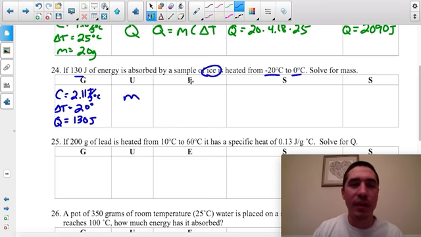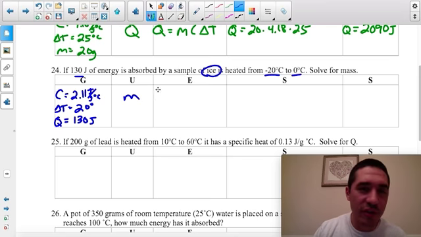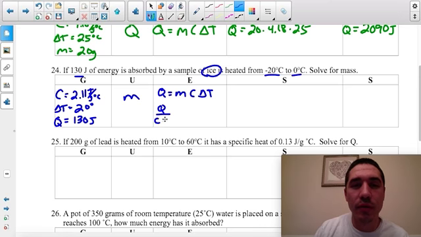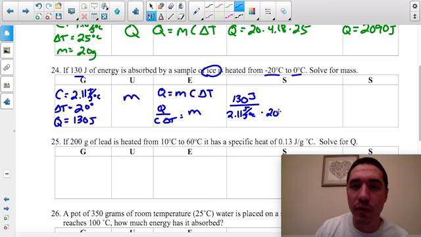So now here we want to find mass. My equation is the same to start, but if I wanted to rearrange it and get M all by itself, I would need to divide by C and delta T. And so I'd have Q divided by C and delta T is equal to M. So I'm going to use that rearranged equation, and I would get 130 joules divided by the specific heat of 2.11 joules per gram degree Celsius and 20 degrees.